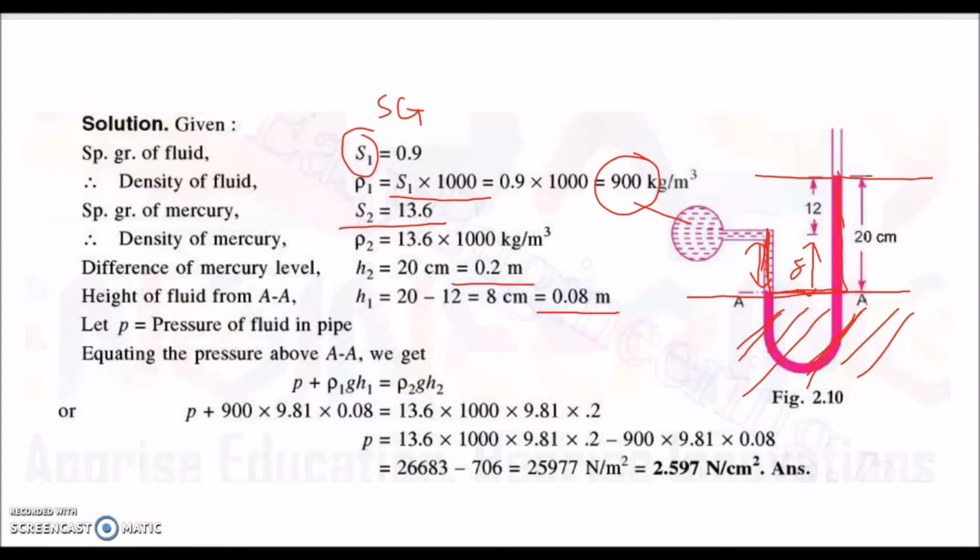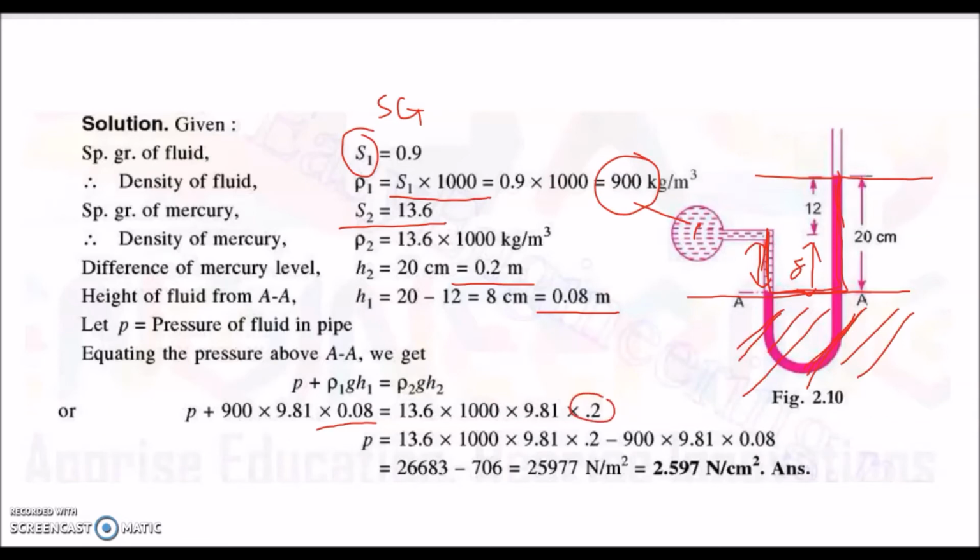equations. So we have the pressure at the point here plus density 1, gravity, H1, where H1 is 0.08, equals the other side, the right limb, using mercury as the density and H is 0.2.